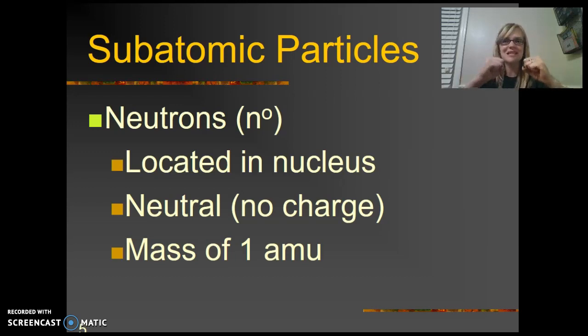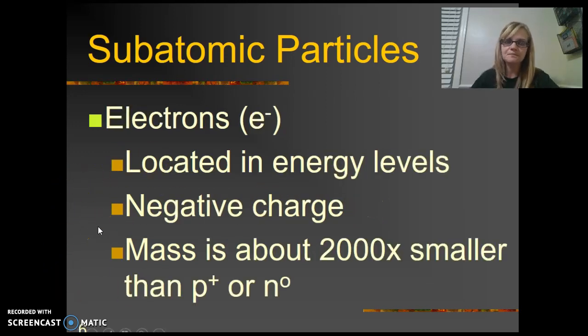When you put those together, your nucleus is a positive entity, because your neutrons contribute nothing, no charge whatsoever. They're just there for mass, okay? So another really good test question would be, what is the charge in the nucleus? Well, considering there's only positive protons in the nucleus that have a charge, the answer is positive. So neutrons are neutral. That's where that sound comes from.